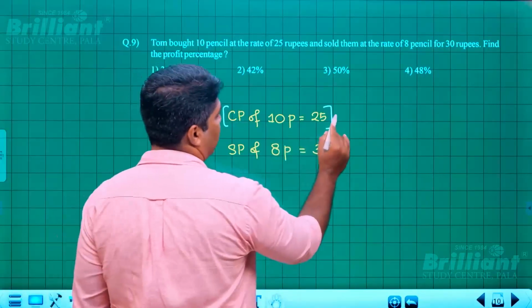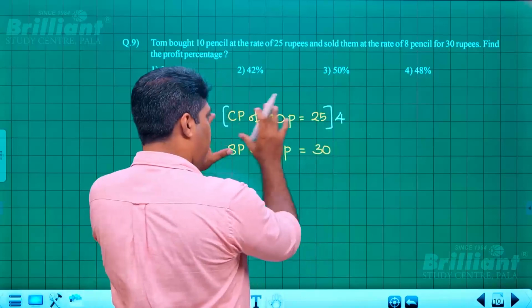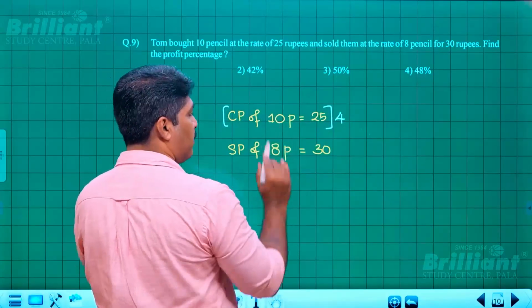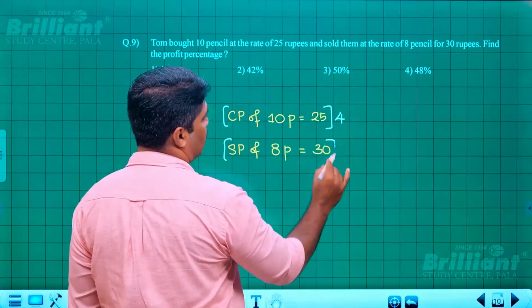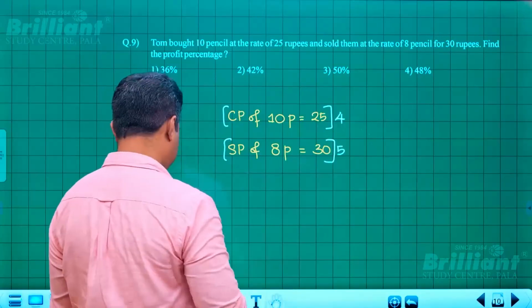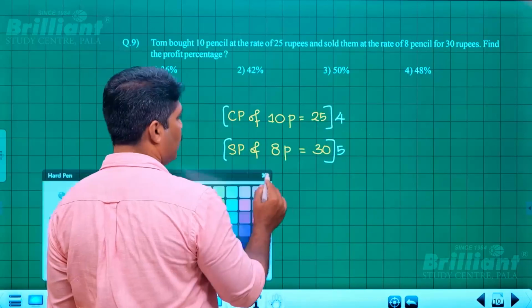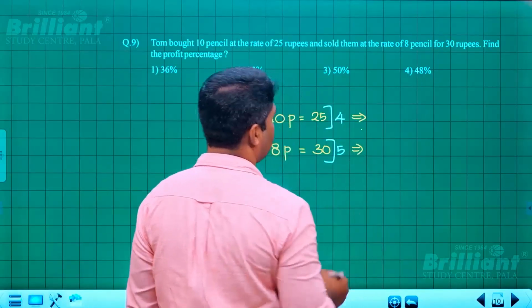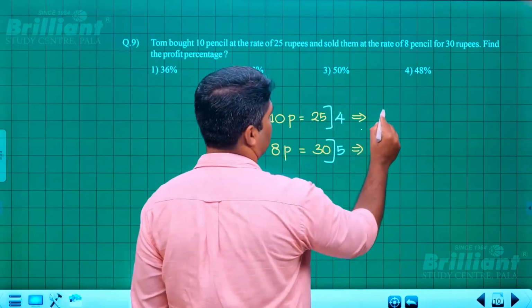Here for that purpose I am multiplying this entire equation by 4. That means the multiplication is applicable over here and here. And this one is multiplied with 5. So then what is the change that occurred here? Our first equation will be changed like this.